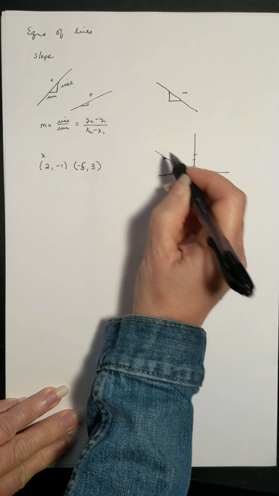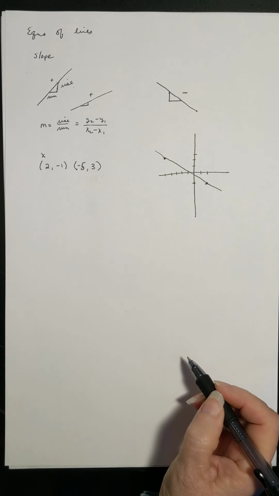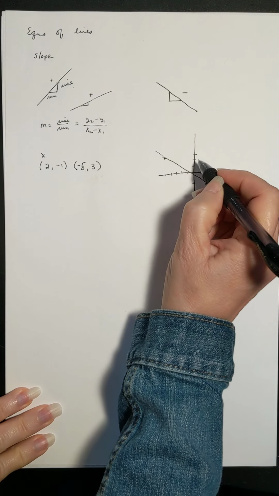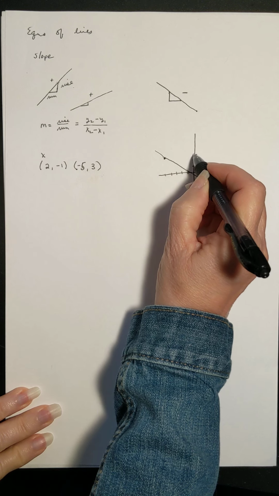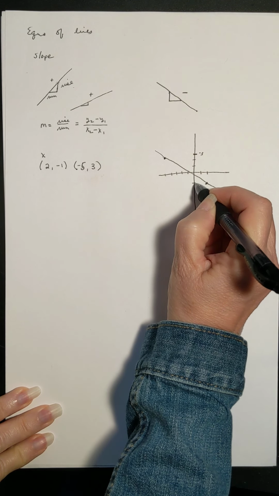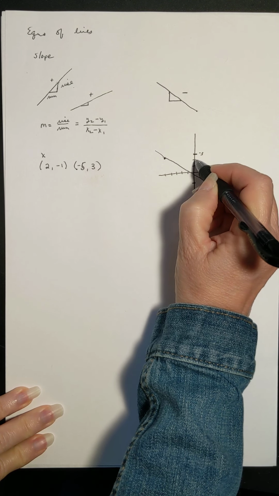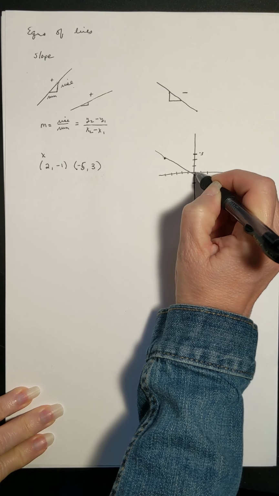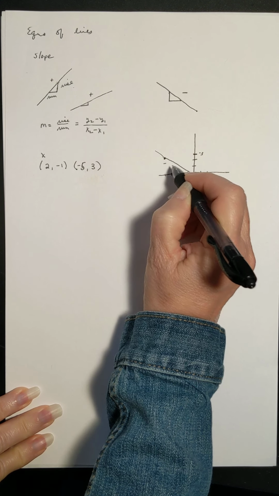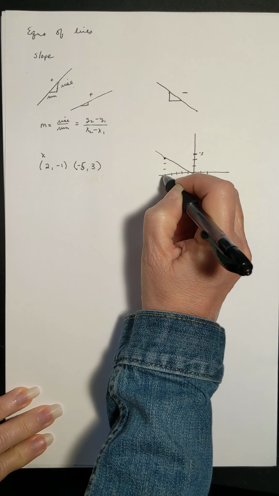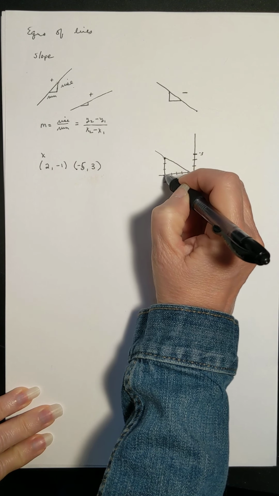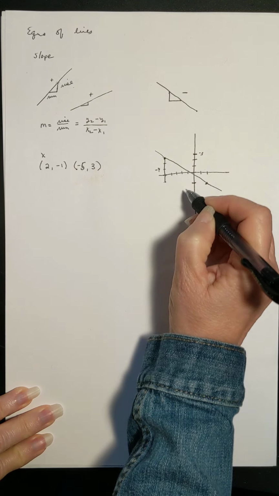Now notice that this is going to have a negative slope, so we should expect that. And then let's see, how far am I going down? So if I start at negative 3 and I go down to negative 1, I've gone down 1, 2, 3, 4 lines. So I'm going down 4.